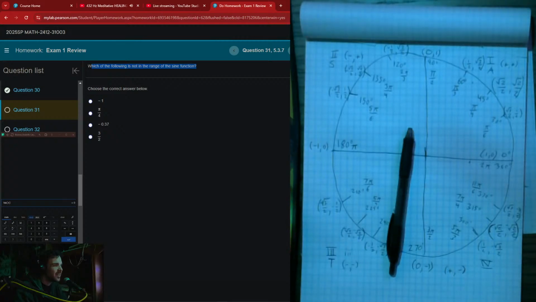And we got 1 here, -1 here. The regular sine function without any variations would just exclude everything outside of -1 and 1, which would make our answer D.